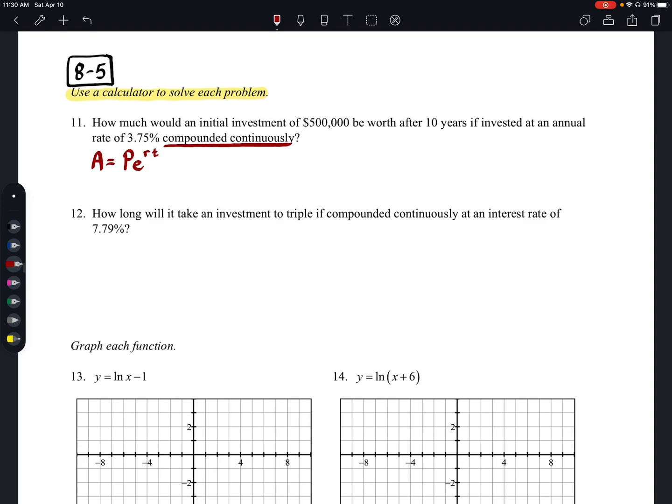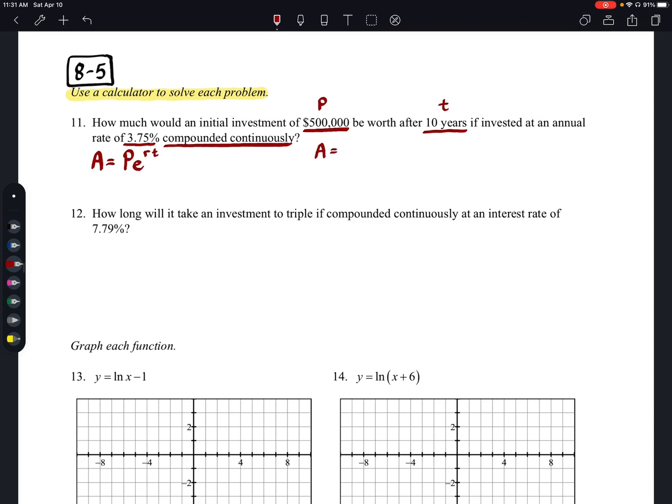All right, so let's take our question and identify the information. We know that this is going to be our principal, the $500,000. We know that the 10 years is going to be our time, and our rate is 3.75%. Let's plug them in and find the value.